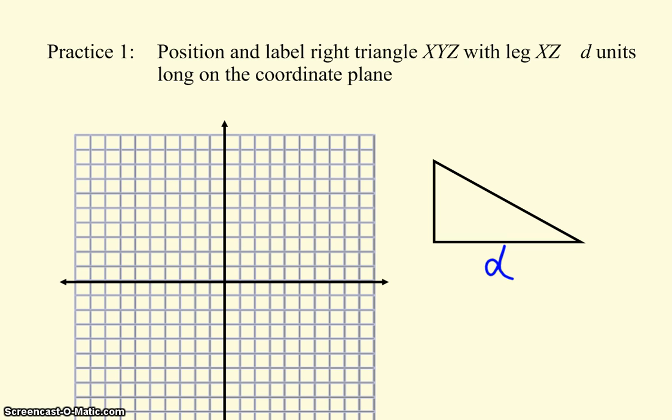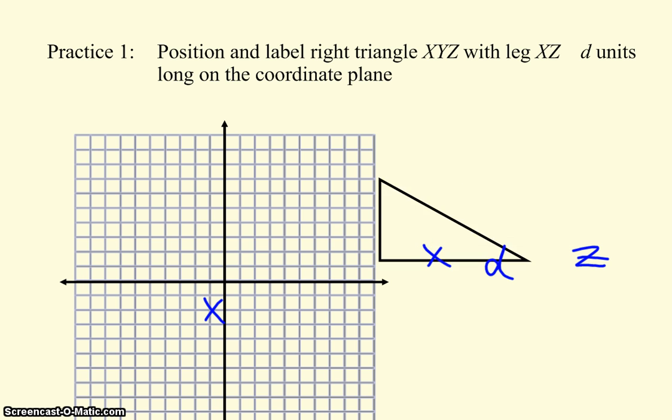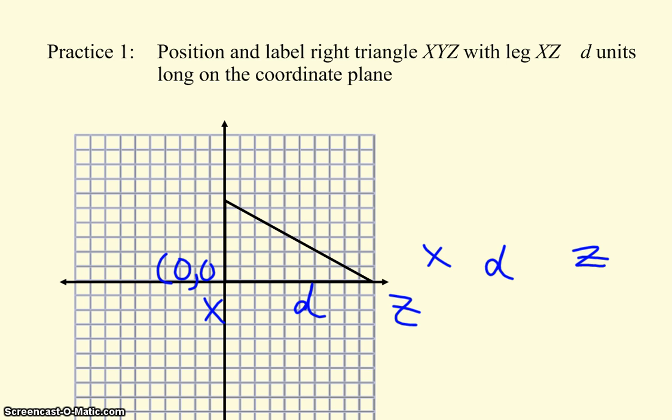Since leg XZ is d units long, my bottom ordered pairs needed to be X and Z. So X I'm going to put at the origin, and I'm going to slide my triangle over. I can draw it however long I want. Z is going to be at the far end, and that is going to be d units long. Our ordered pair at the origin is 0, 0. So I know the coordinates of X are 0, 0.